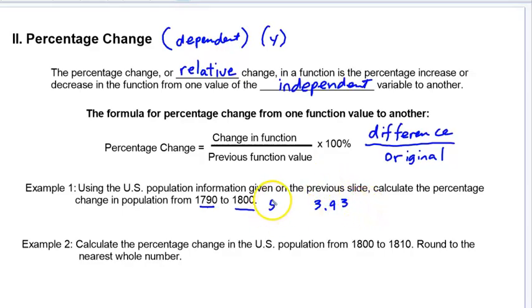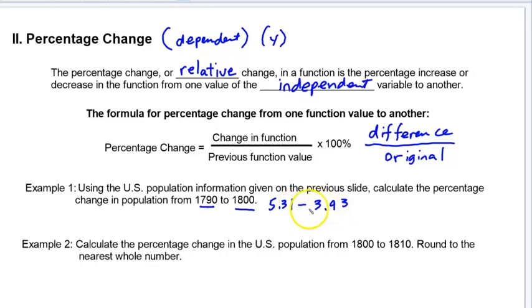I'm typically going to put the bigger one first because difference means I'm going to subtract. All right, so I found the difference between these. And we have to understand, obviously, looking at the table, we have growth here. If we didn't have growth, then we could have a negative percentage change.